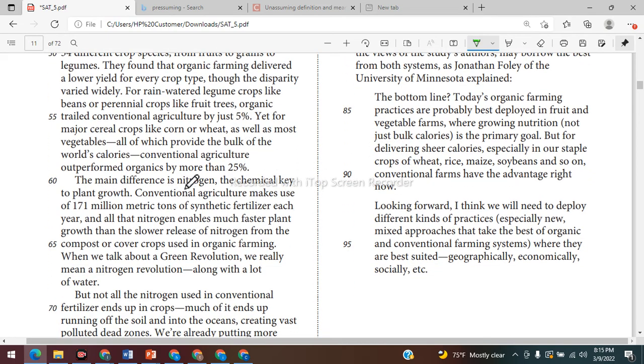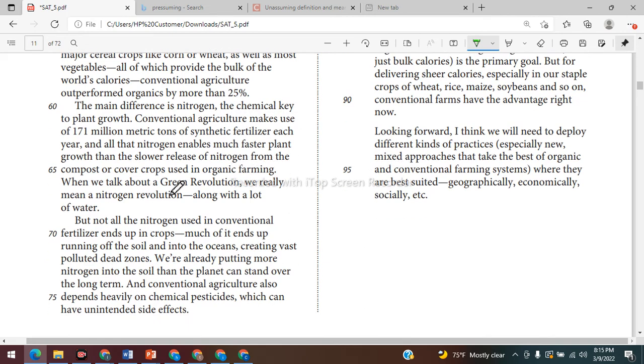The main difference is nitrogen, the chemical key to plant growth. Conventional agriculture makes use of 171 million metric tons of synthetic fertilizer each year, and all that nitrogen enables much faster plant growth than the slower release of nitrogen from the compost or the cover crops used in organic farming.